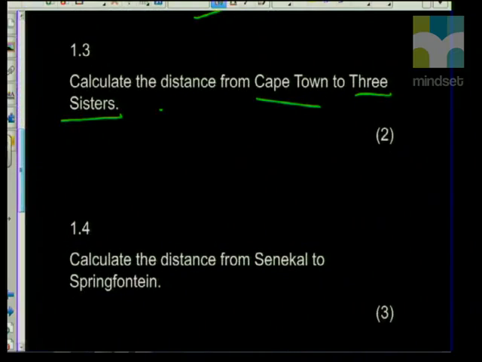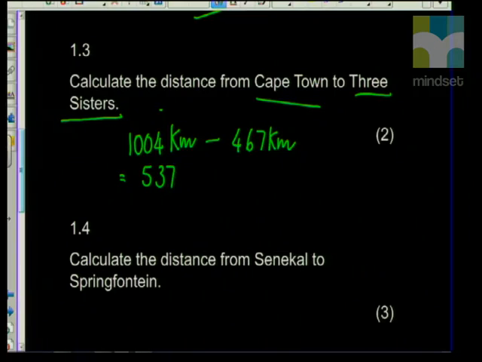So we said Cape Town was 1,004 kilometers from Bloemfontein, and Three Sisters was 467 kilometers from Bloemfontein. And if I subtract those two, I should get an answer of 537 kilometers as my total journey from one to the other.